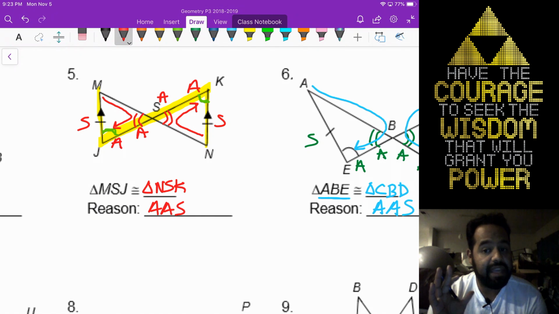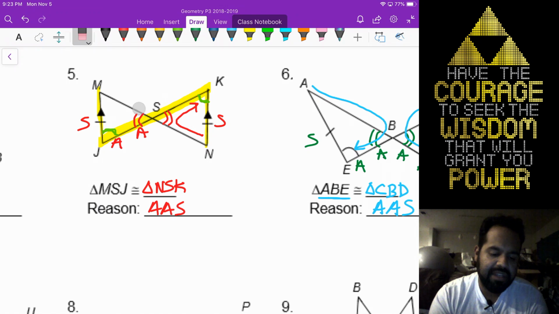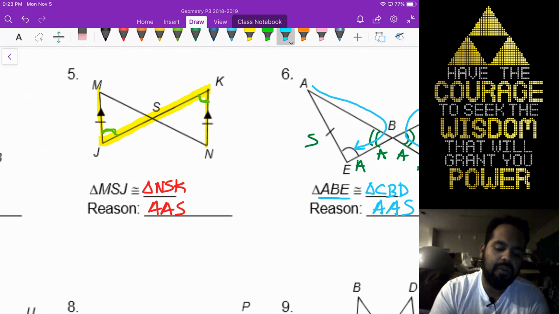Now, the other way, if I ignore the vertical angles and decide I want to use the other Z, and here's what I mean by the other Z. My other Z, remember that I could draw a transversal this way, or I can draw a transversal this way.